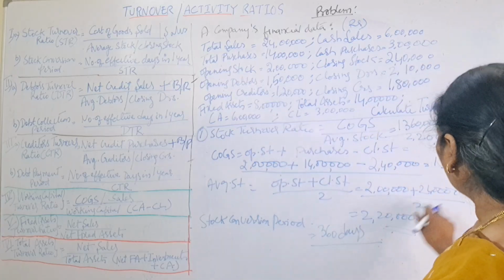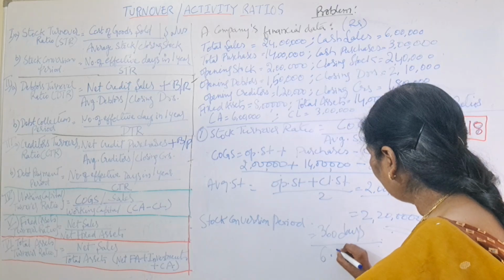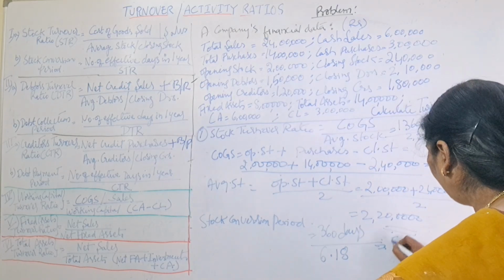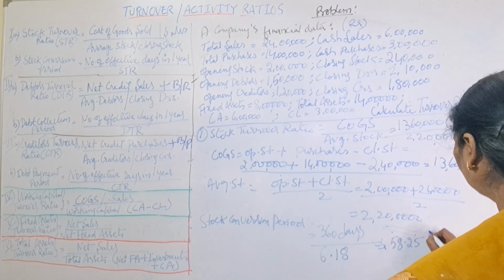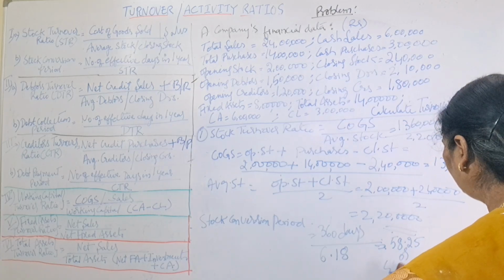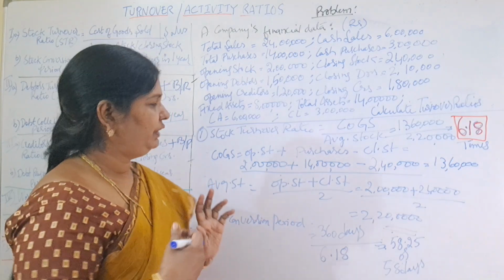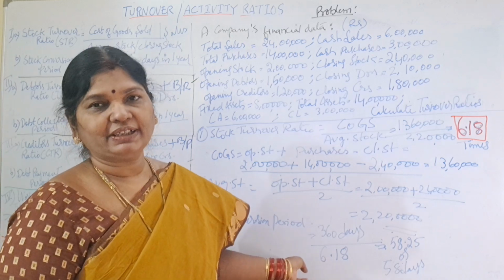So what is our STR? 6.18. So here we'll take 6.18. So here you will get 58.25, means 58 days. So for every 58th day, we can refill our stock.